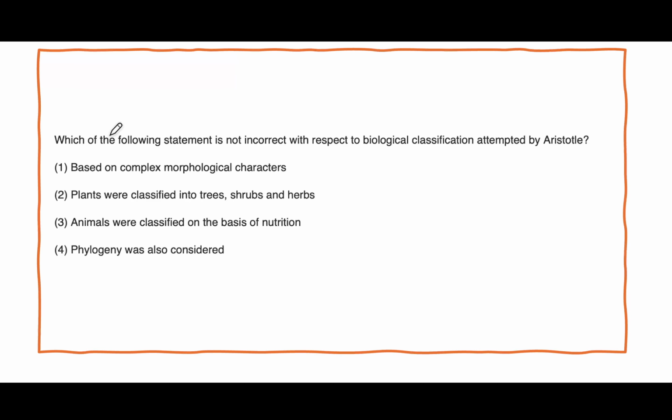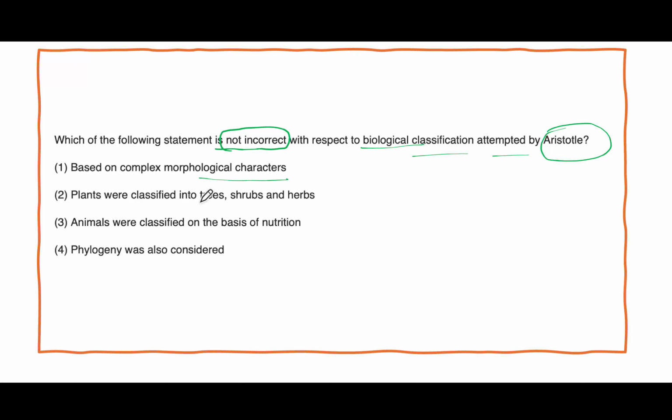Now, third question for all of you. Which of the following statements is not incorrect? Focus on the words not incorrect, meaning correct, right? With respect to biological classification attempted by Aristotle. Aristotle's classification was based on complex morphological characters.